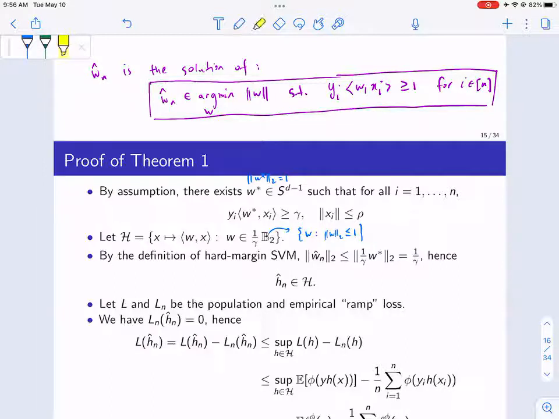So the first thing is that by the definition of the hard-margin SVM, we have this inequality. So you recall how we had this inequality. This is hard SVM.